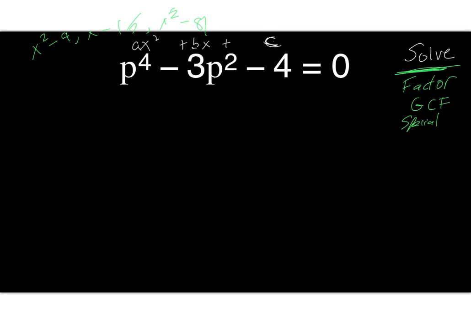In this scenario, the first term is something squared. It is p squared, squared. The second one is something to a first power, technically. It's 3p squared.